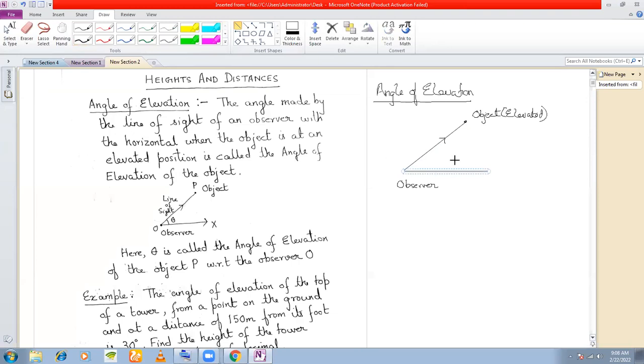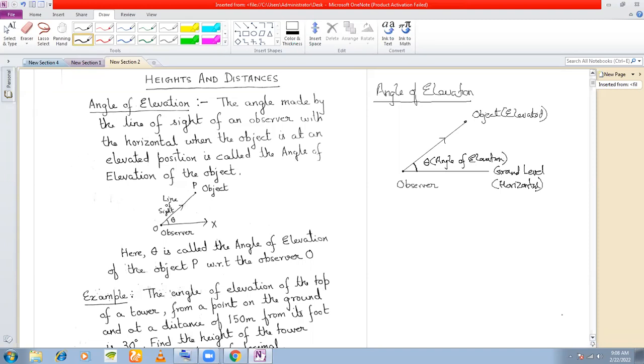Then the angle between the ground level, which is also called the horizontal, and the line of sight, this angle here, theta, is called the angle of elevation.